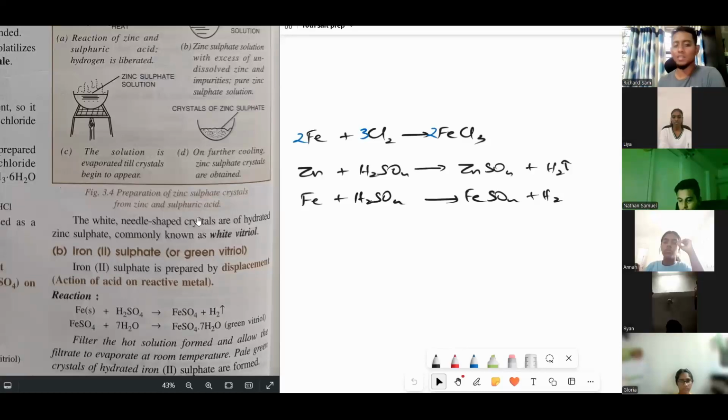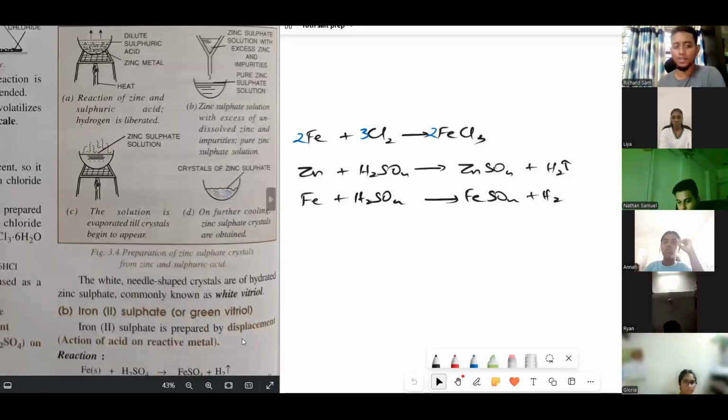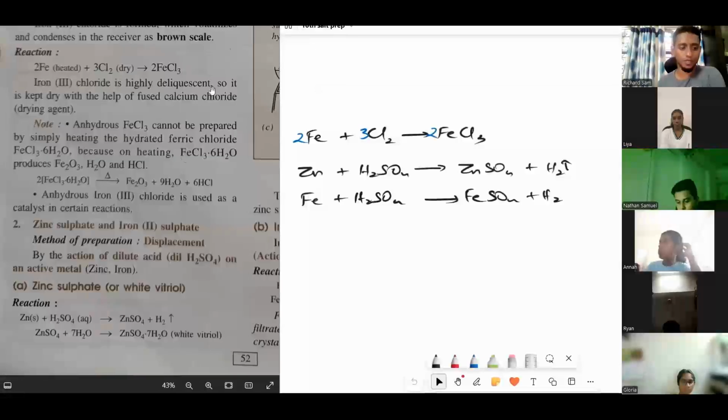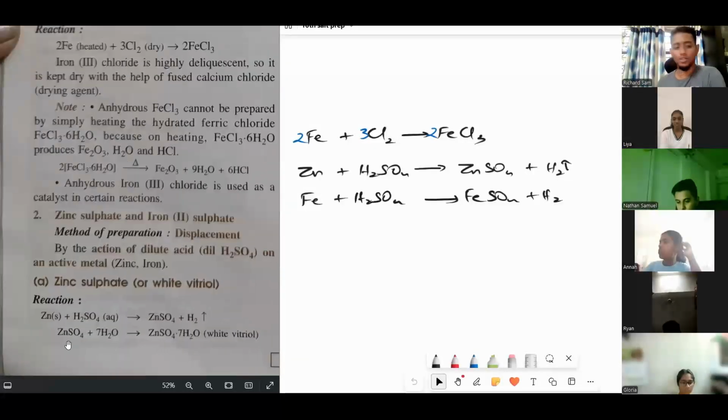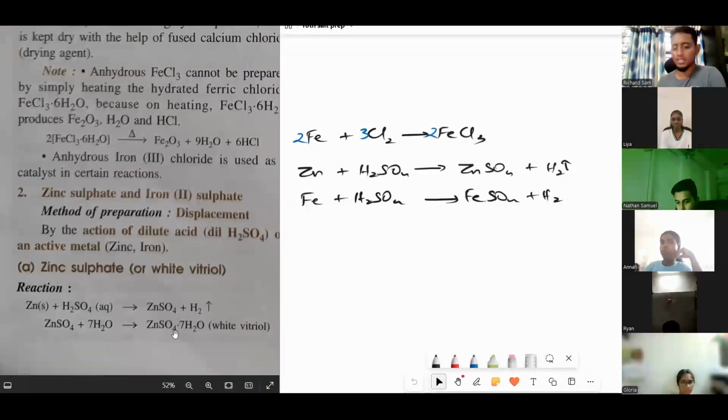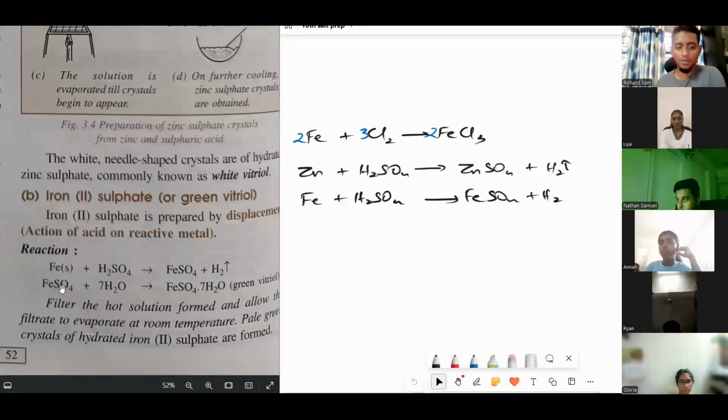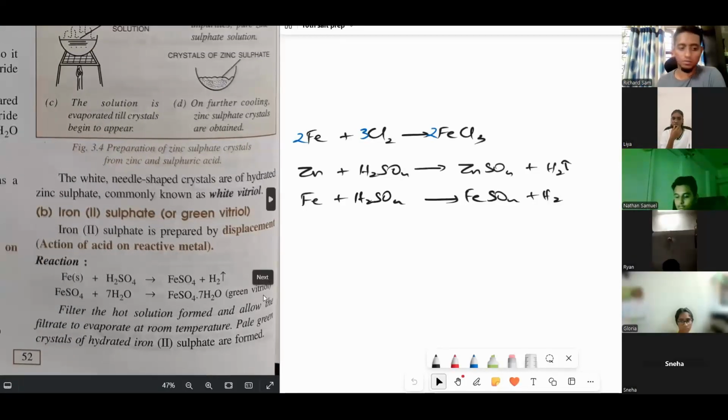See, needle-shaped crystals are formed. So zinc sulfate forms ZnSO4.7H2O, which is called white vitriol. So here, zinc sulfate joins with water to form ZnSO4.7H2O, which is white vitriol. The same way, FeSO4 also joins with water to form green vitriol.